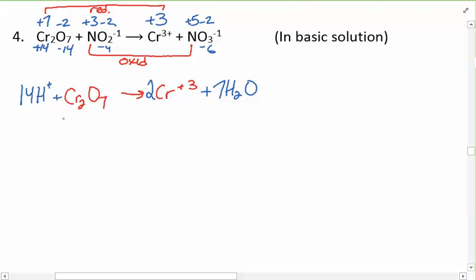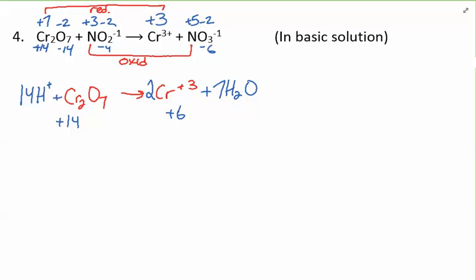So on the reactant side right now, I have plus 14, which is all from the hydrogen. On the product side, I have a 0, and then I have a plus 6 from the chromium. Because there's 2 chromium, I have to multiply the charge by 2. So it's not plus 3 from the chromium, it's plus 6.